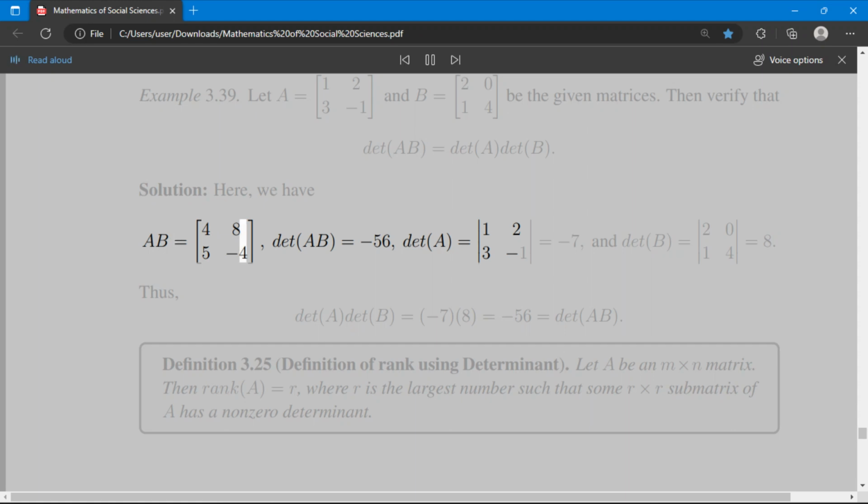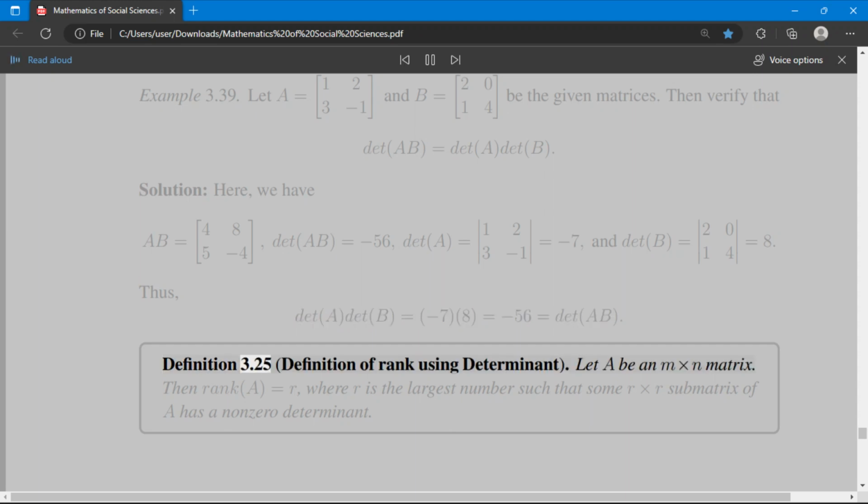Here, we have AB equals 4 8, 5 4, det AB equals -56, det A equals -5... det A equals 1 2, 3 1 equals -5, and det B equals 2 0, 1 4 equals 8. Thus, det A det B equals the product of the two determinants, which equals det AB.